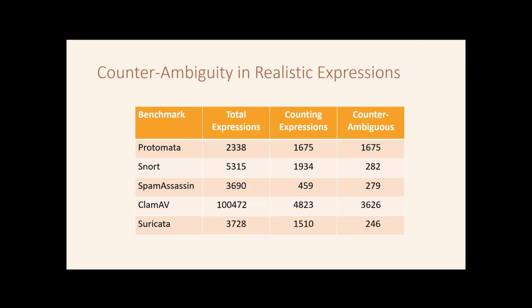In the Automata dataset, for example, around half of the expressions have some form of counting, and indeed all of them exhibit counter ambiguity. So this shows the significance of this problem in realistic expressions.